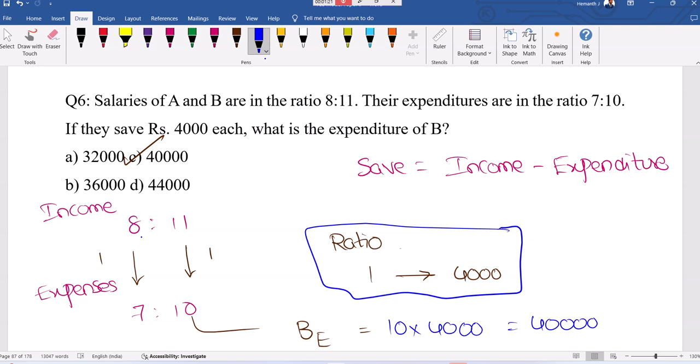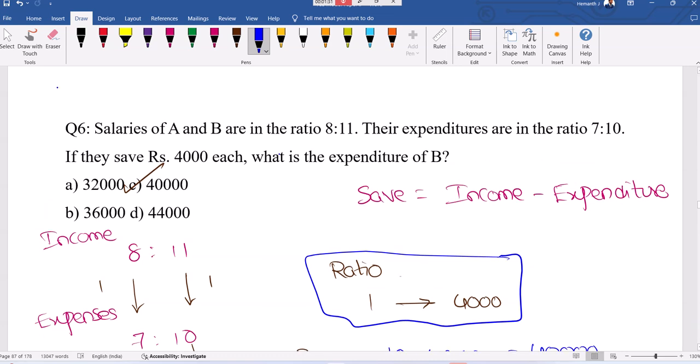A's income is 8 into 4,000. A's expenses are 7 into 4,000. Otherwise, generally we'd get an equation. A's income is 8x, B's income is 11x. Then A's saving 7y, 7 and 10. No, don't take the same.